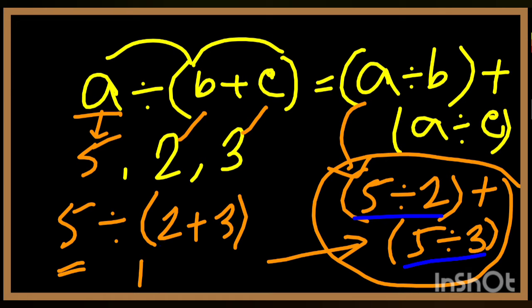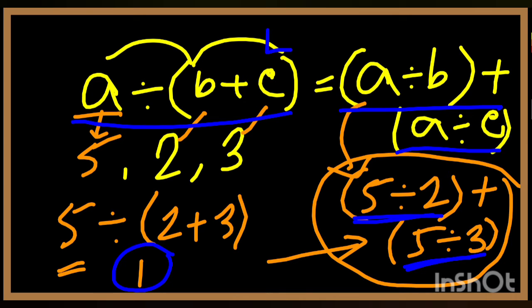Here we get the whole number 1, and there we do not even get a whole number. So the LHS and the RHS are not equal. By giving an example we have come to understand this, and now we are going to start question number 2a.